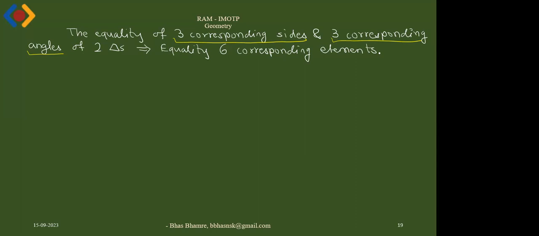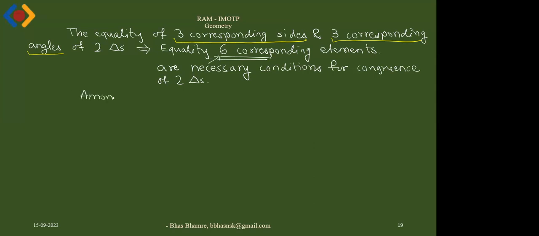That is, three corresponding sides and three corresponding angles of two triangles. So equality of six corresponding elements is the necessary condition for congruence of two triangles. So in short, there are six necessary conditions.